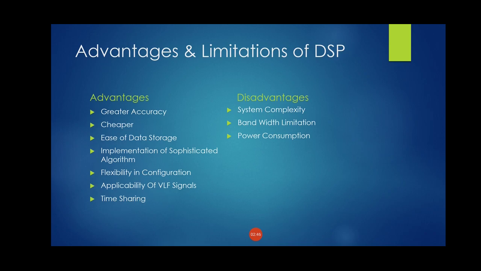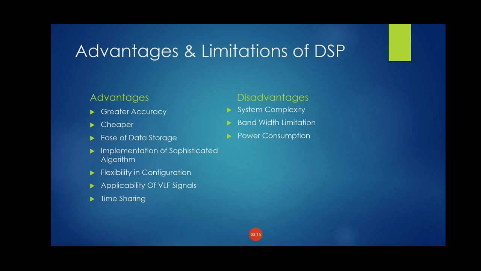Of course, a digital signal can be easily stored on a digital platform, on a magnetic media without loss of fidelity, and can be processed offline in any remote laboratory. That is, data storage is much easier for a digital signal as compared to an analog signal.